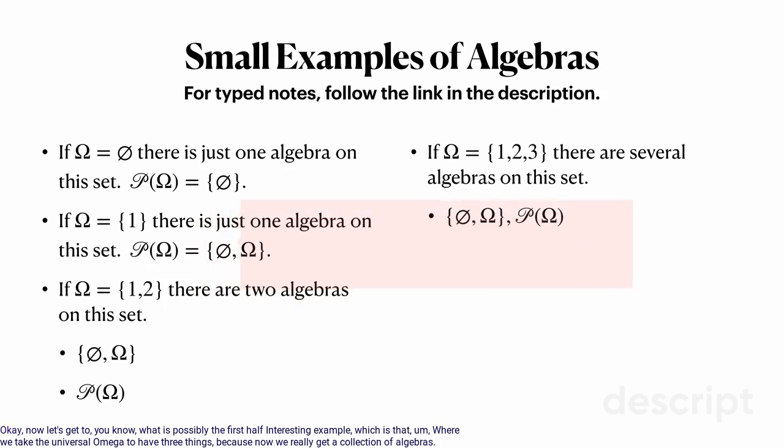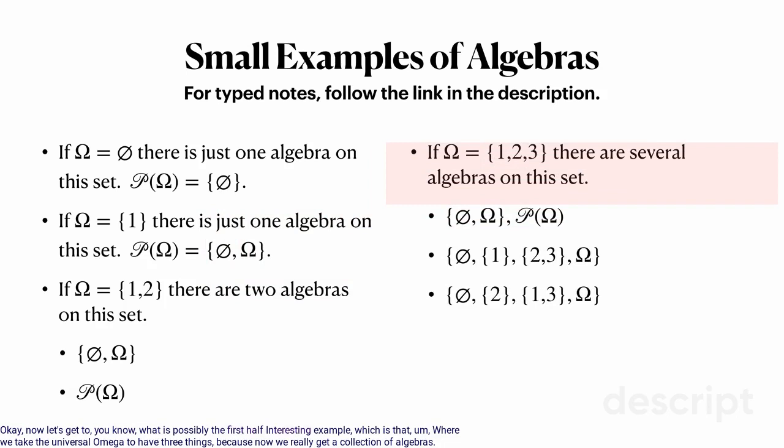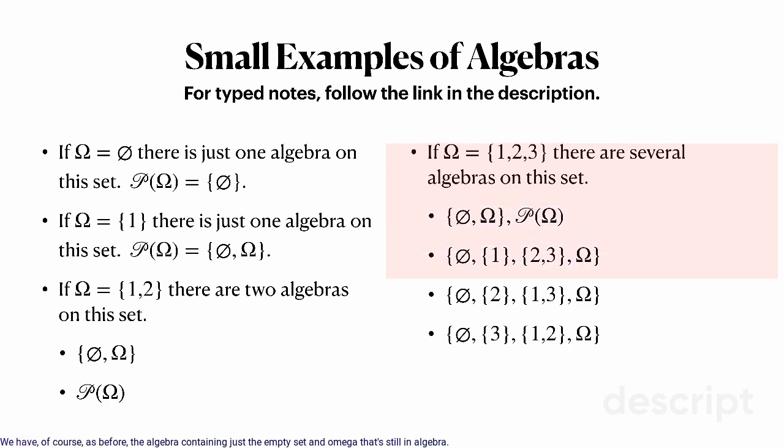Okay. Now let's get to what is possibly the first half-interesting example, which is where we take the universe omega to have 3 things, because now we really get a collection of algebras. We have, of course, as before, the algebra containing just the empty set and omega. That's still an algebra. We have the power set. That's still an algebra.